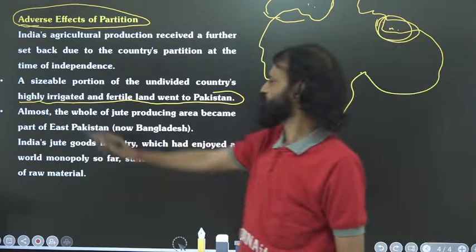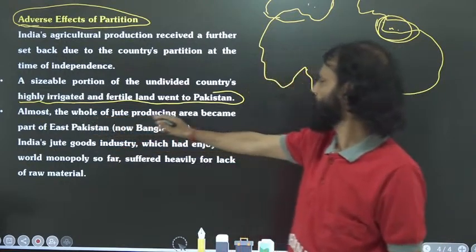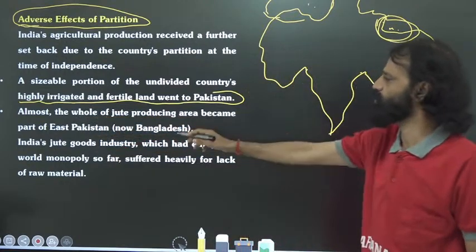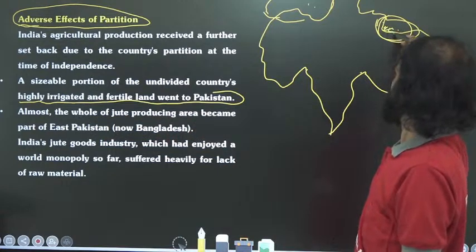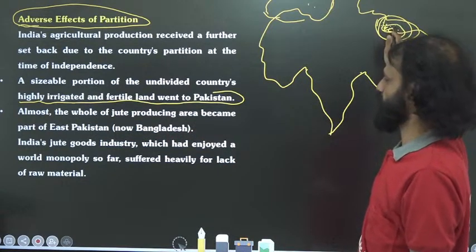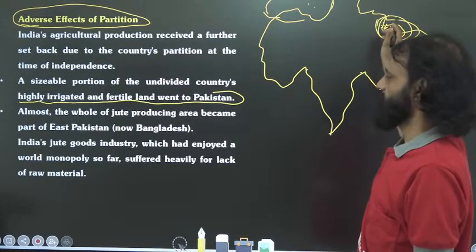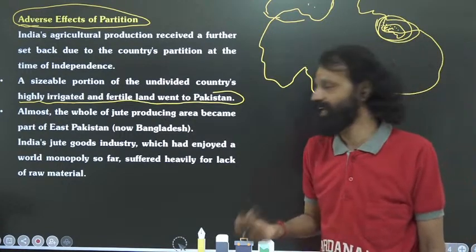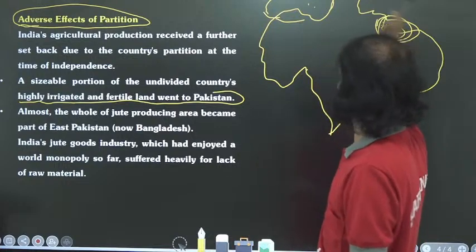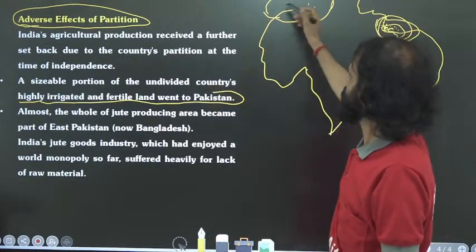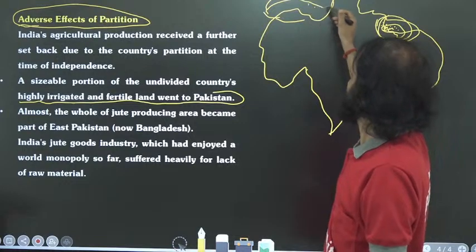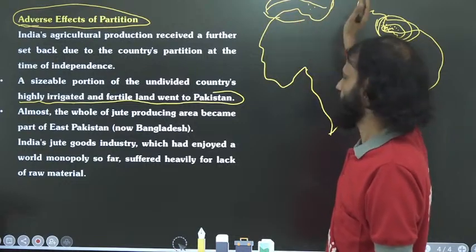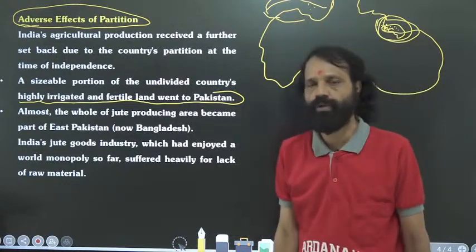Almost the whole of the jute producing area became part of East Pakistan, so today it is Bangladesh. There, jute production was at a high level. That area has gone from India, and Pakistan took this fertile land. So India's economy went down.